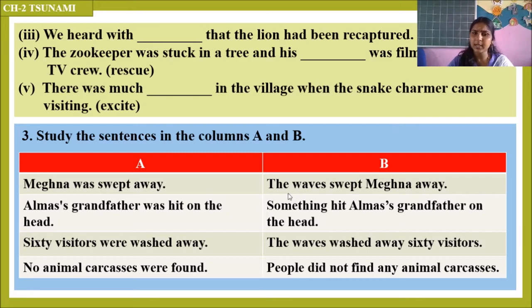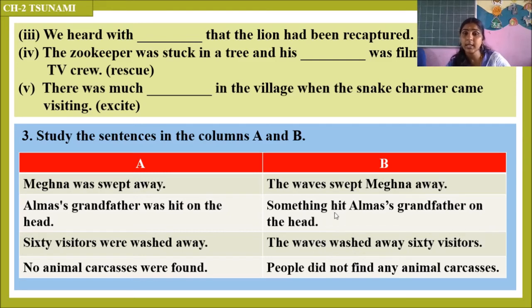But before that, is any was there here? No. Directly the doer is given importance here. No helping verb is there. Here also something is a verb. Something hit. Here also waves. And here who is the doer? People. And then here, look, the waves washed. Washed is the verb, but no helping verb is here.